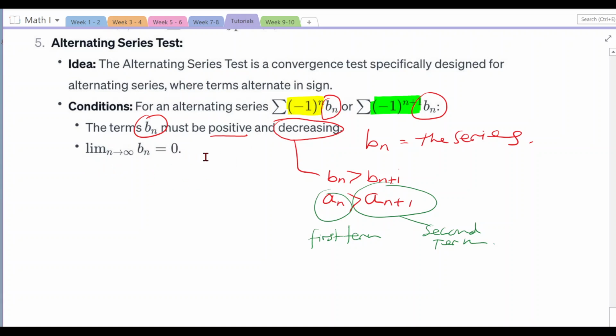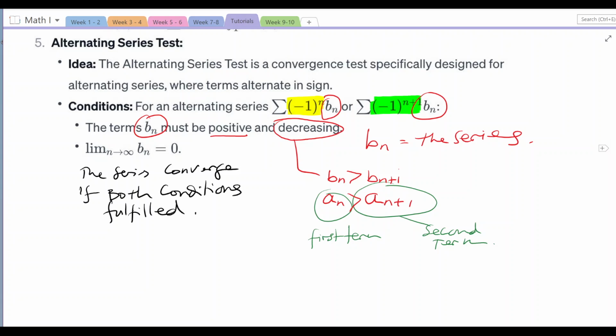Under this condition, the series will converge if both conditions have been fulfilled.